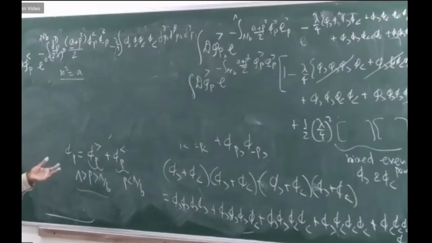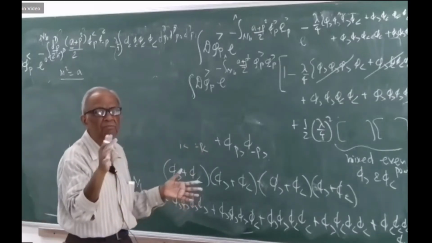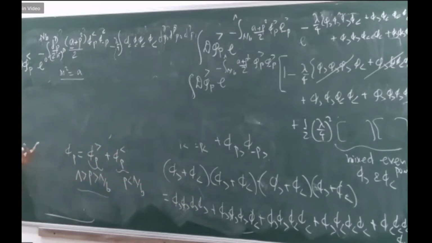And you would be having other higher powers generated, but higher powers you are not worried about, because we have seen that those are not relevant. All higher power terms flow to zero under renormalization group. As you change the scale and make the scale bigger and bigger, the higher powers than 4 go to zero. I'm not interested in those.